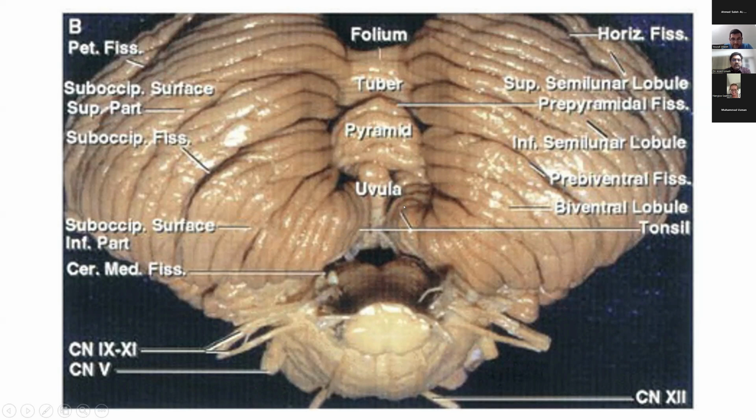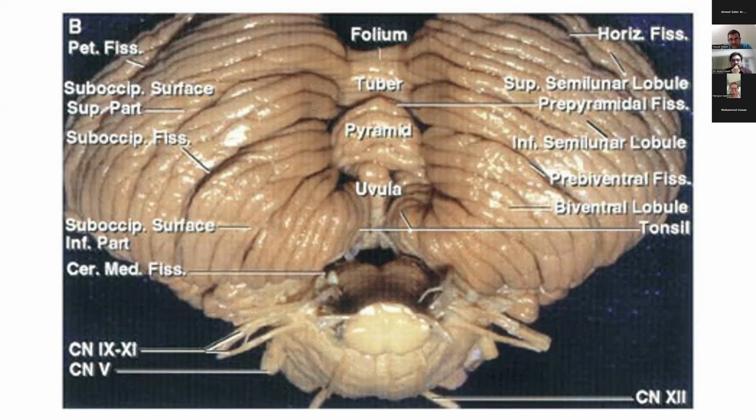And the ventral aspect, that is the rostral aspect, has three very important structures. We'll be digging deeper, so I'll show you the slides and configurations later. But understand that rostral, ventral to the superior pole of the tonsil are the three most important structures: the inferior medullary velum, the tela choroidea, and the nodule, which I mentioned is the part of the vermis located just beneath the uvula.